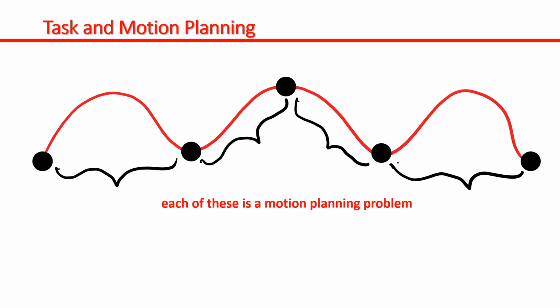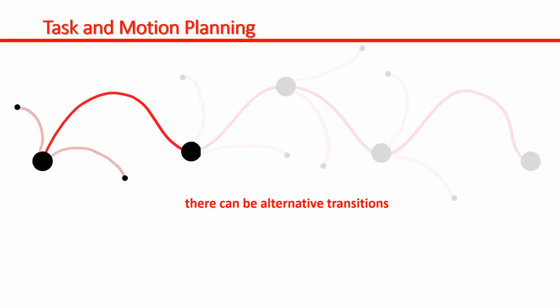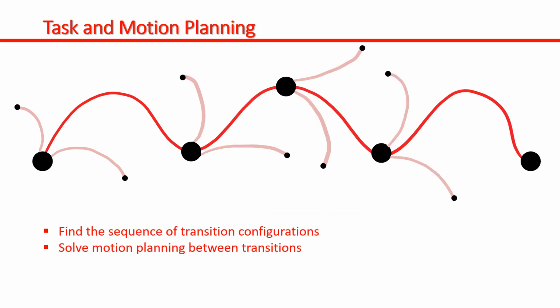Now, each of these segments constitutes its own motion planning problem where you have to reason about how to safely move the robot. And when you think of it together, it becomes a task and motion planning problem. So at each such step, you might have different alternatives or choices of what to do next or where to go next or the next transition. And this, when brought together, gives you a set of choices in your planning algorithm.